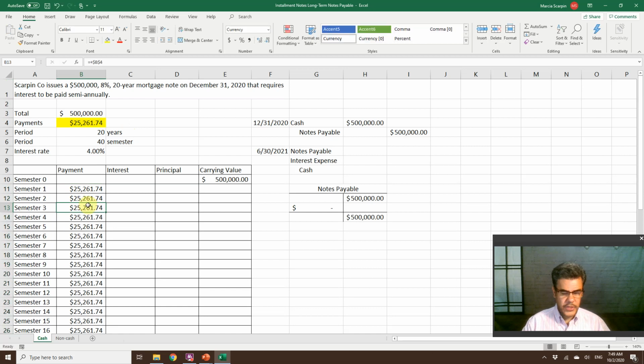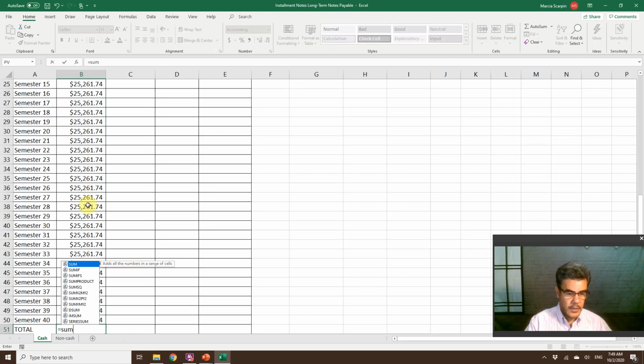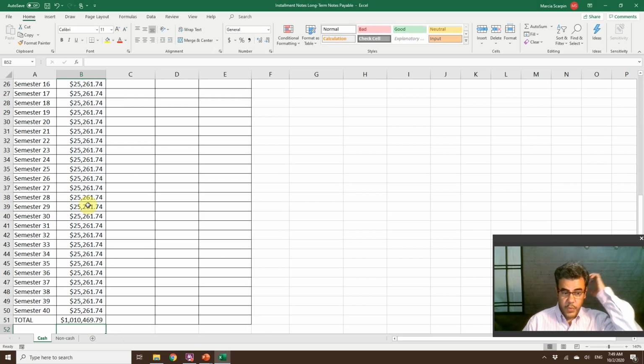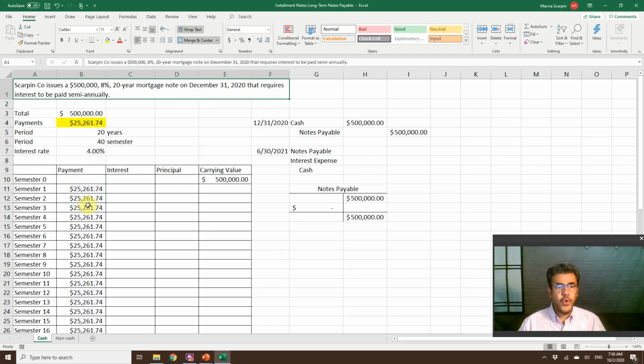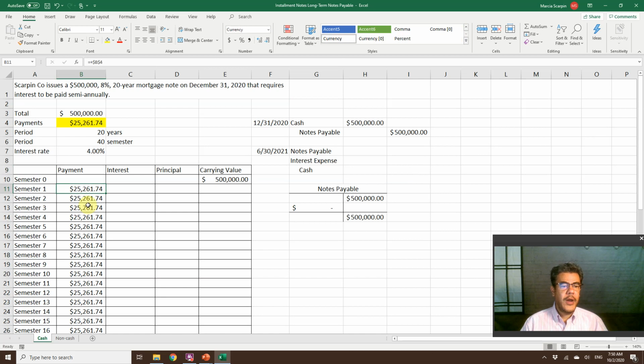And let's double check how much it will be. So our sum here, we will pay more than double. More than double will be interest. How do we split our interest and principal?